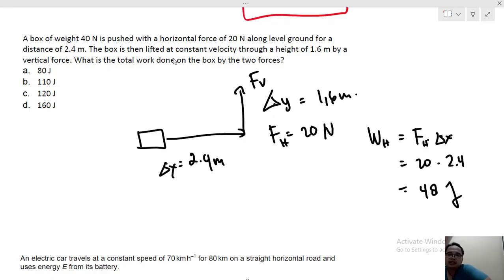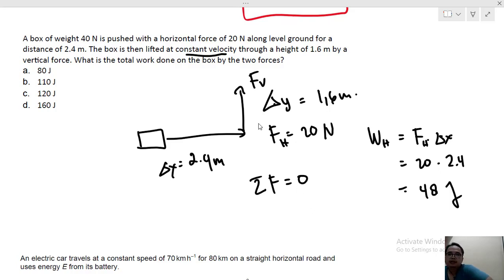In the problem, it says lifted at constant velocity. What does it mean? Constant velocity means there is no acceleration. So we use sigma F equals 0, Newton's first law.